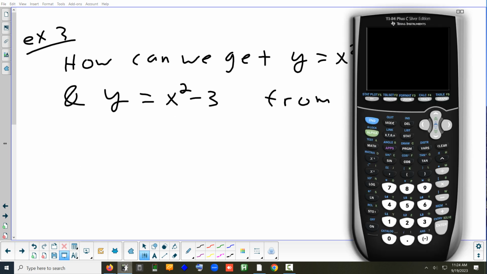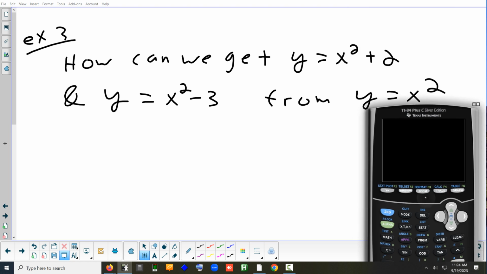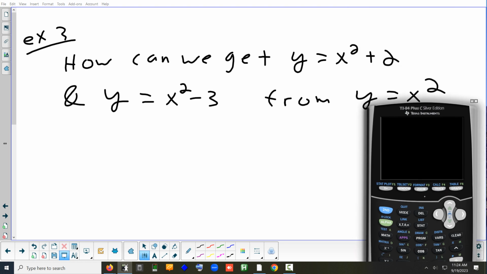Okay, let's look at this one. So another graph we're going to do. What do you think? Now we're not multiplying anymore. We don't have a negative. We're adding a number on the end. Or subtracting. What do you think adding a number on the end would do to your graph? Translate it vertically.